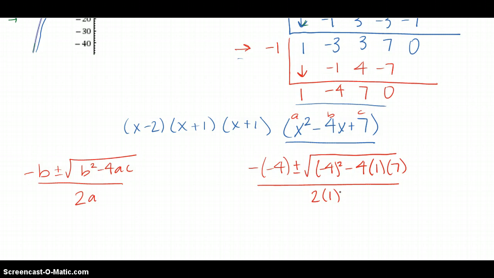Now we compute what's under the square root, and here the negative 4 squared is going to be 16 minus 28. I'm just writing above here what this equals.